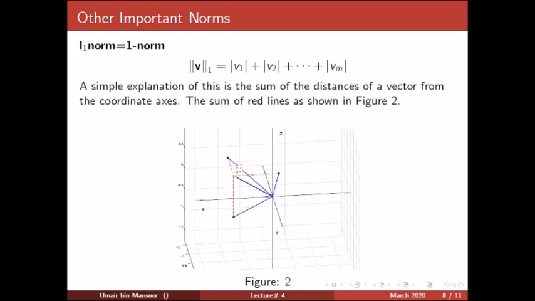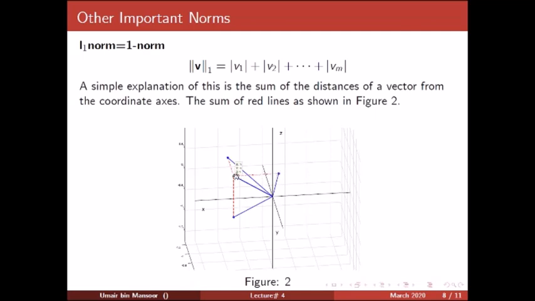Now if you see the red dotted line, let's look at the vector 1, 1, 1. It's coming out from the origin, and the distance from the axis. Let's say this red line represents the distance of this vector in the x direction from the origin.